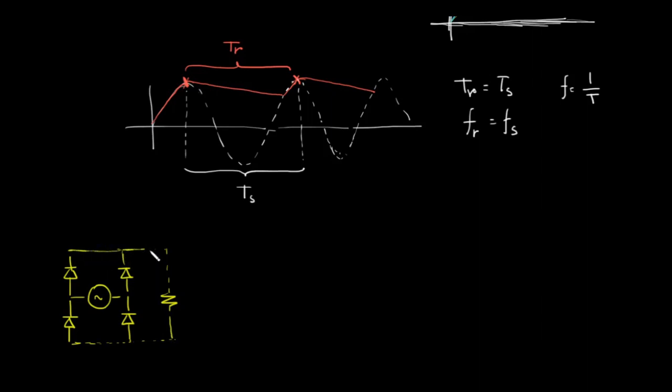So where are we going to add the capacitor for the full wave rectifier? We need to attach the capacitor to the output voltage. Where did we take the output from? Well, we took the output from these two terminals. So we will attach our capacitor in parallel with the output.